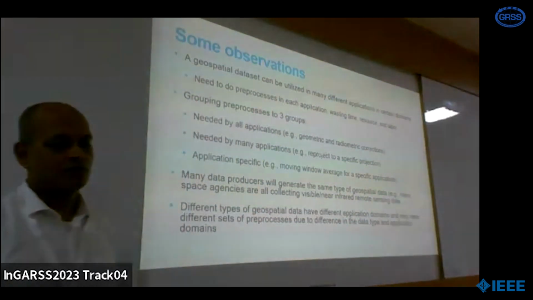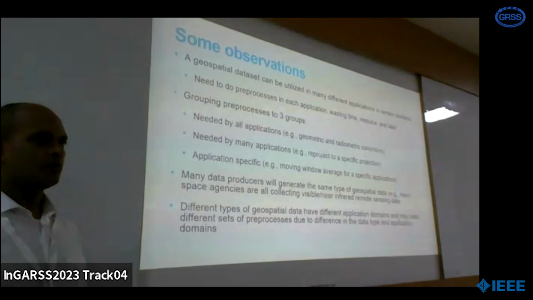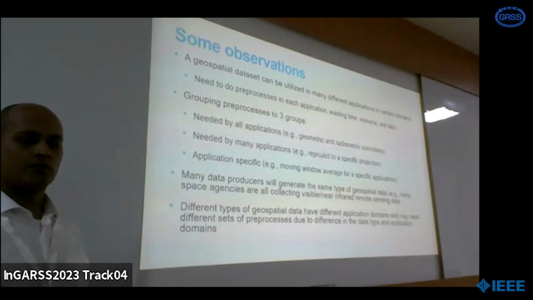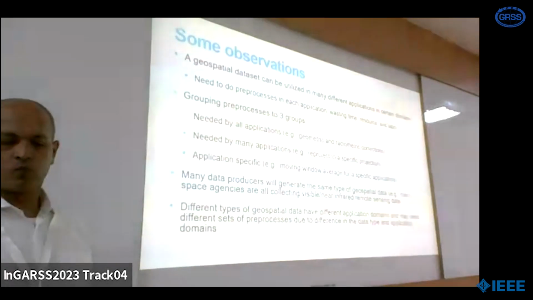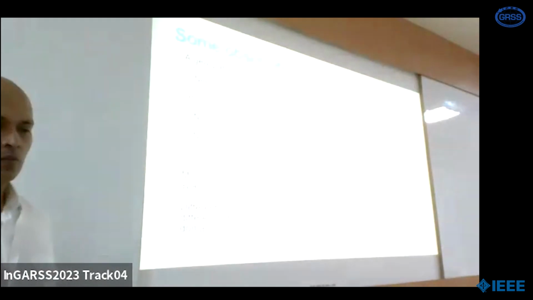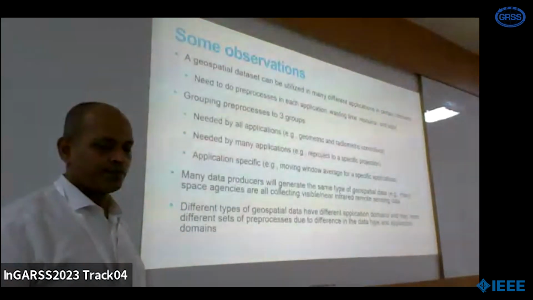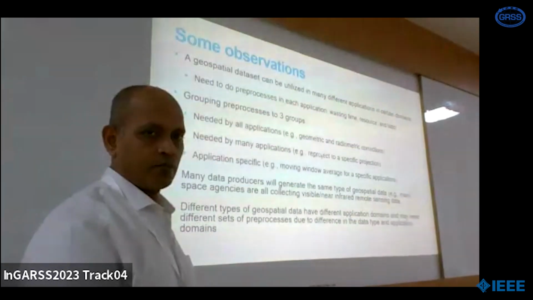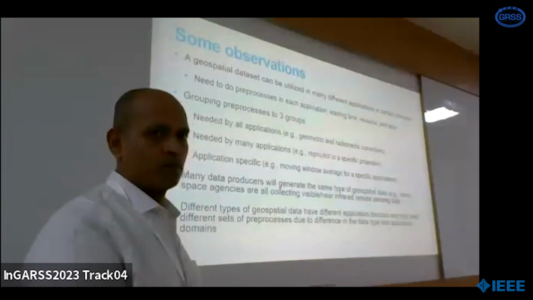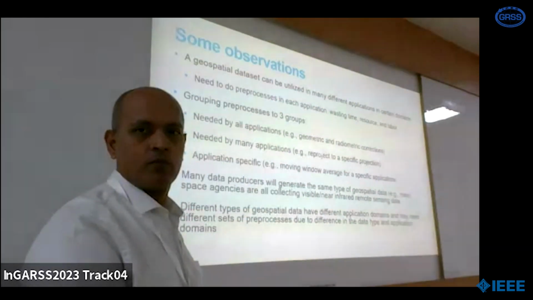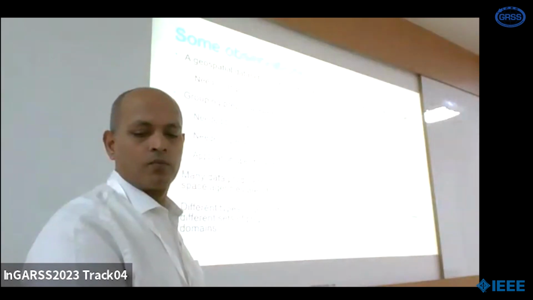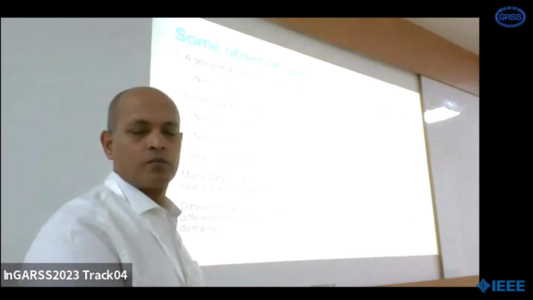From typical geospatial applications, we can make the following observations. First of all, geospatial data can be utilized in many different applications in a certain domain. But for each application, they need to do pre-processing.